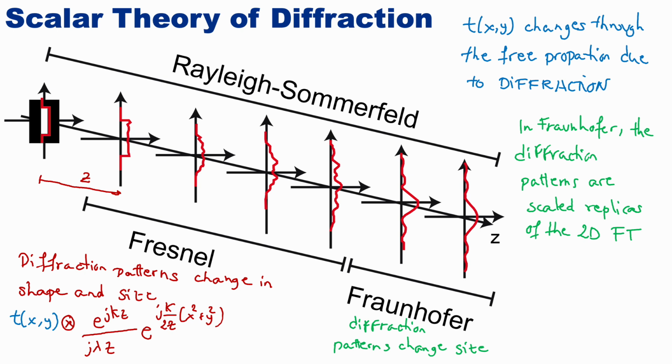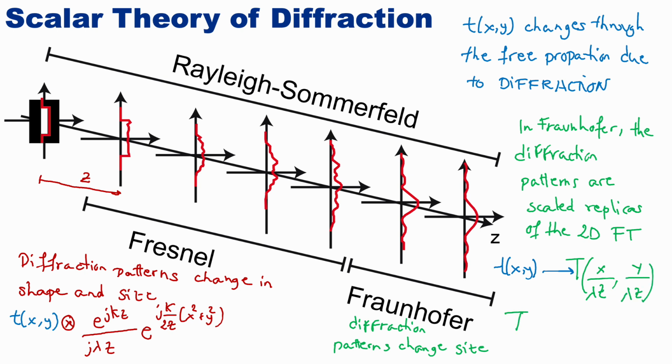So that means if we have our pupil transmittance, then for the Fraunhofer, we're gonna have its 2D Fourier transform, where now the frequencies are x over lambda c and y over lambda c.